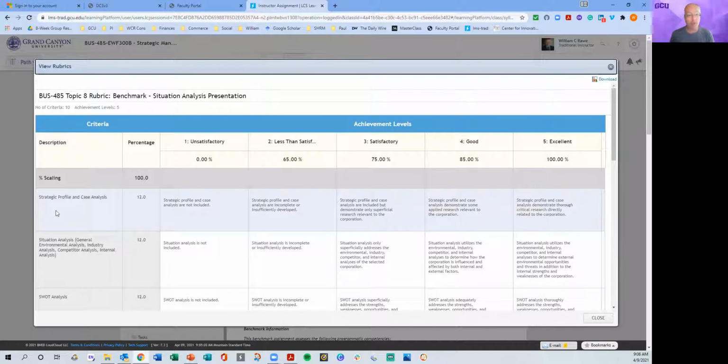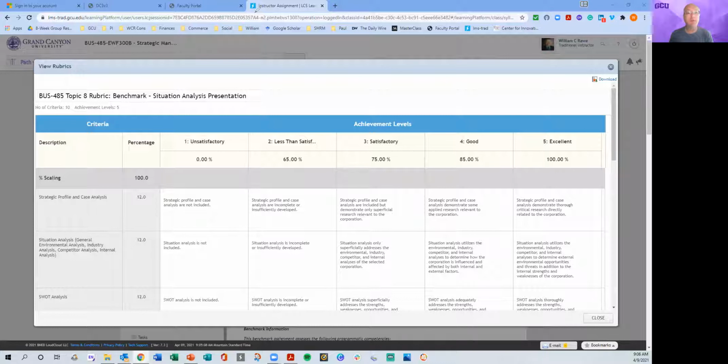So if we go over here, we'll concentrate on the excellent column. So number 1, strategic profile and case analysis. We're looking at this section right here.